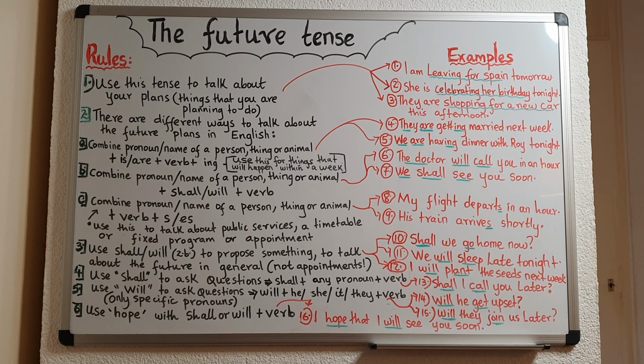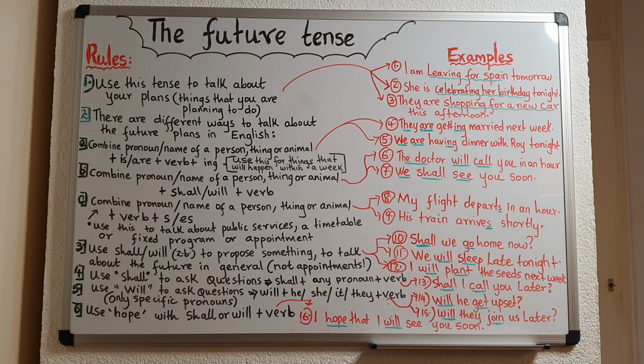Okay? Now, this brings me to the end of this lesson. Remember to use the future tense to talk about things that you plan to do in the near future. And there are different ways of using the future tense.